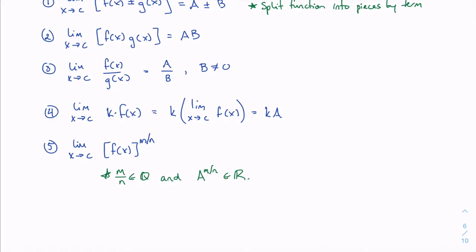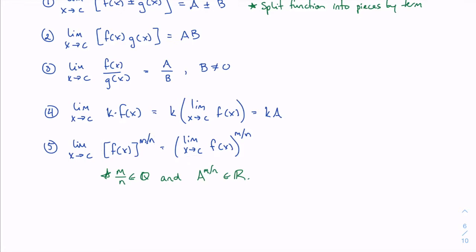And then likewise with a power. So I'm going to write it this way, kind of longhand first. The limit of a function being raised to the power is the same as the limit of the function being raised to the power. The difference is in the way I worded it: the limit of a function being raised to a power versus the limit of a function, raised to a power.